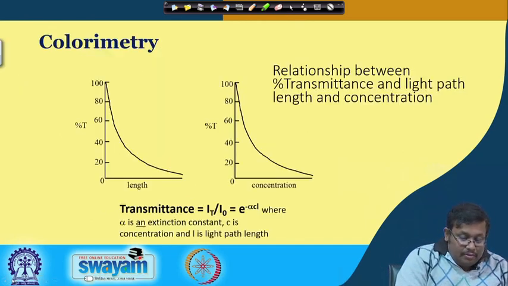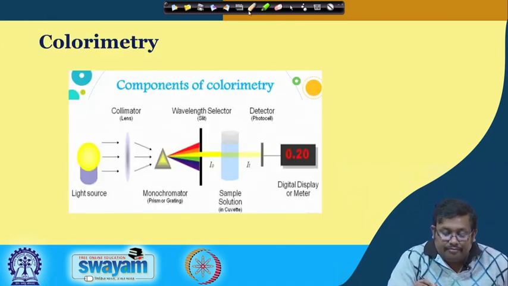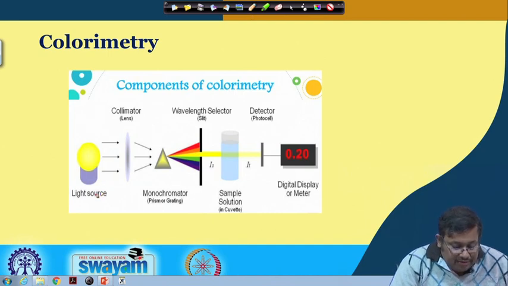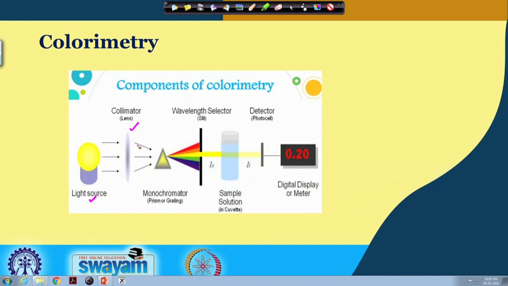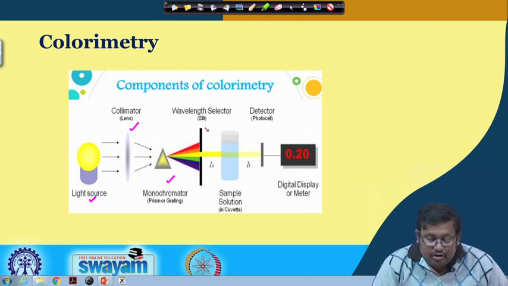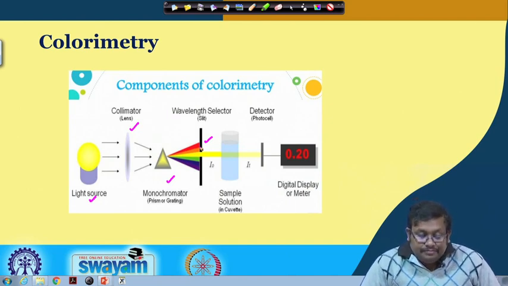If we go back and see the components of a colorimeter, first of all there will be a light source, and from that light source there will be a collimator or lens which will align all the light directly into the monochromator, which is a prism or grating. That monochromator will grade the light, and finally there will be a wavelength selector which will select only a particular wavelength. That is why we call it monochromatic radiation.